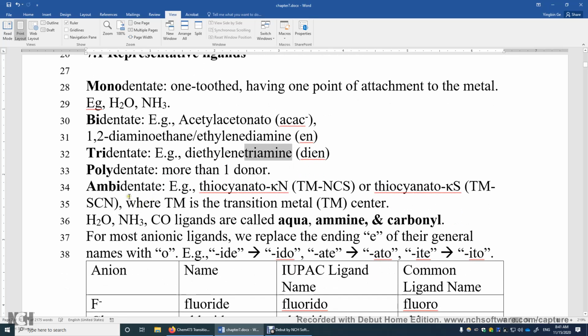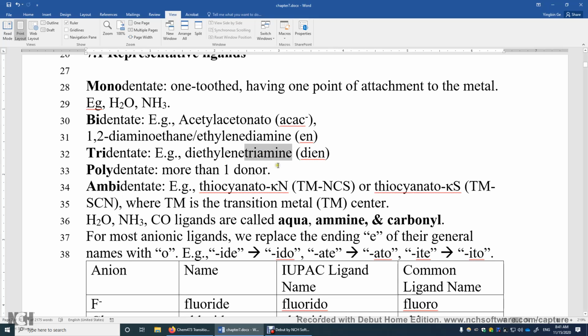There's also a kind of ligand which is special. They're called ambidentate. For example, if you have NCS minus or SCN minus, they have the same molecular geometry, but the negative charge, you can place that negative charge on nitrogen or on sulfur, because you can write different resonance structures.